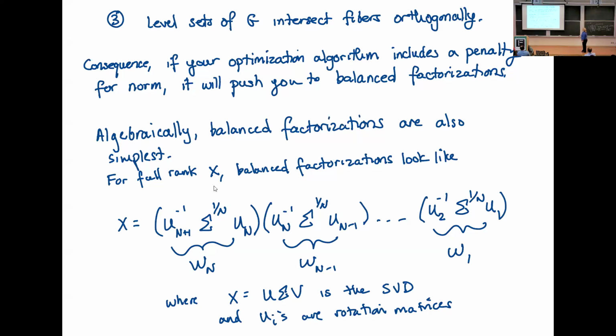A balanced factorization is one where the terms are all just the 1 over nth roots of that diagonal matrix, with pre and post composition by rotation matrices. In a sense, you take your matrix X and split it up into these factors as evenly as possible, and the only thing you can do is rotate them.